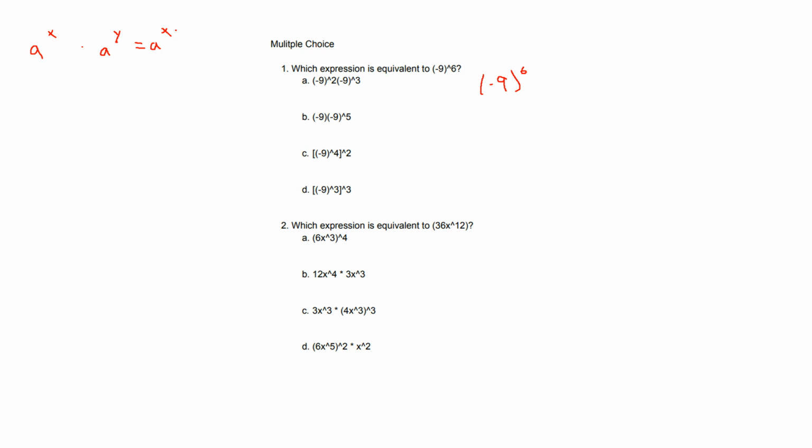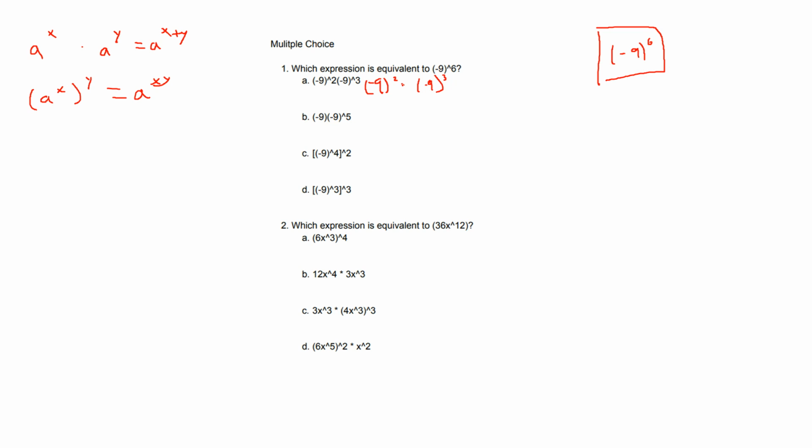So for number 1, let's look at the answer choices. Answer choice A is negative 9 squared times negative 9 cubed. So we're trying to find an answer that simplifies to this right here.